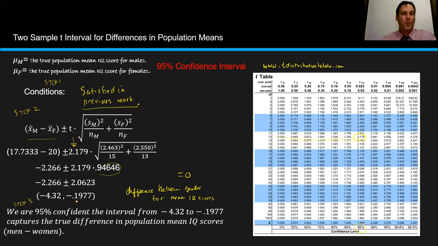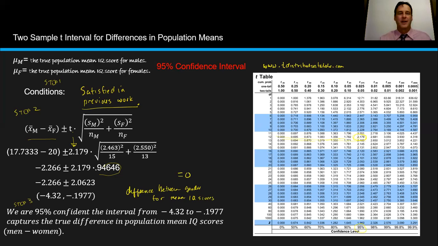So there was a statistically significant difference because 0 is not one of the plausible values for the difference in population means for males and females. So again, 0 is not included, so there must be some type of difference between the average scores.